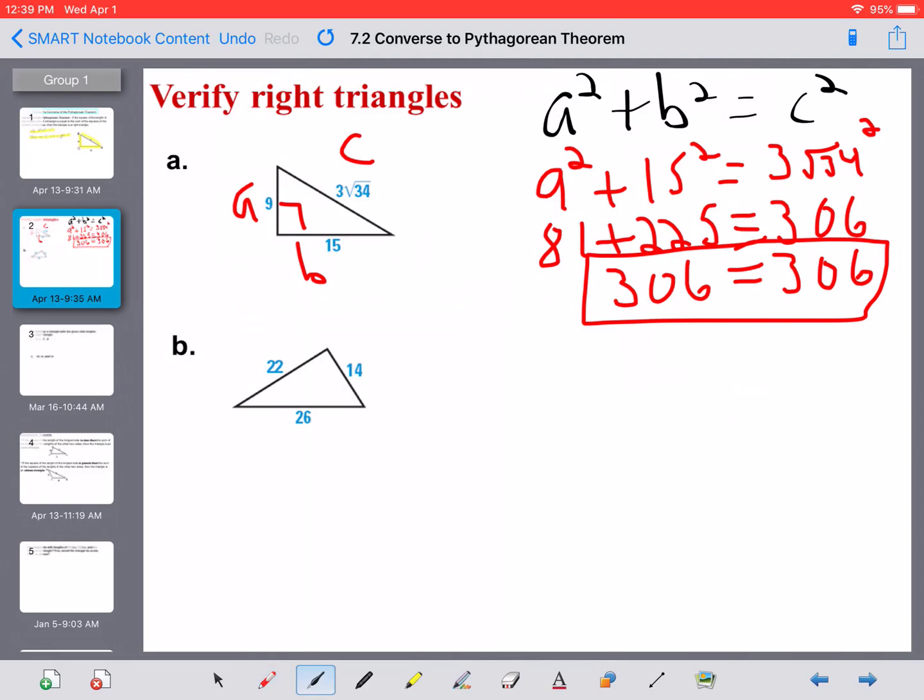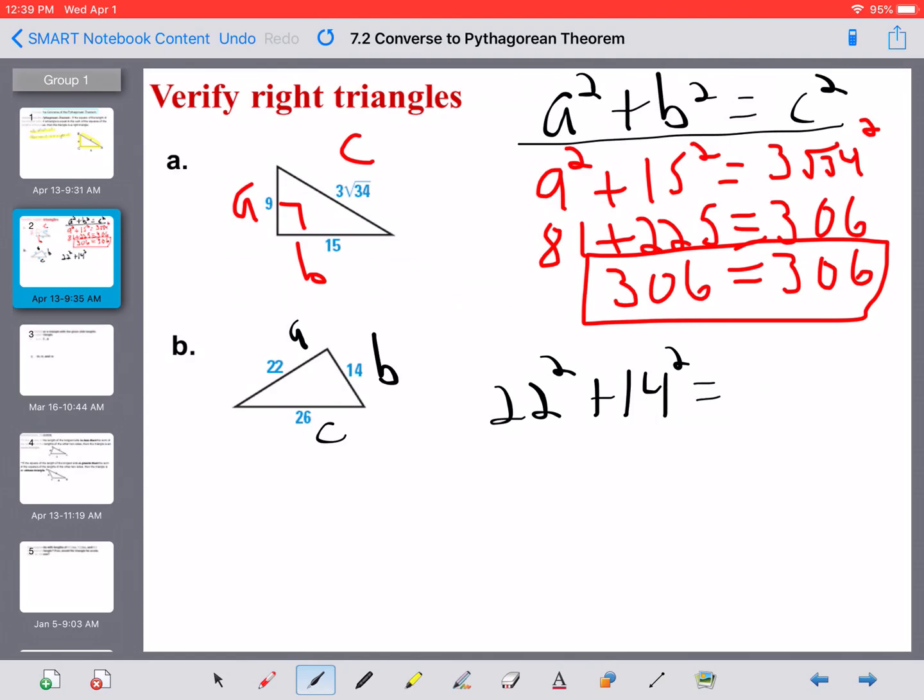On this one, I'm going to go ahead and label my sides. Again, your hypotenuse is always going to be your largest side. So we have A, B, and C. So I'm going to substitute that into the Pythagorean theorem, and we get 22 squared plus 14 squared equals 26 squared.